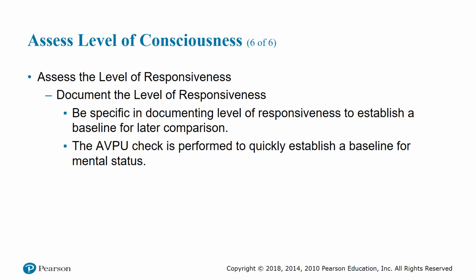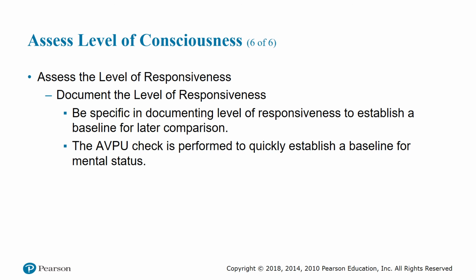Document the level of responsiveness. Be specific when you're documenting the level of responsiveness. You need that baseline. It's a very simple concept that when we talk about head injury and central nervous system issues, one of the best indicators of how bad something is is a description of what they cannot do that they normally can.